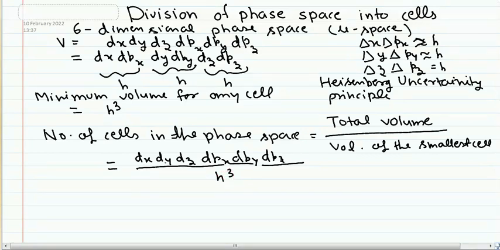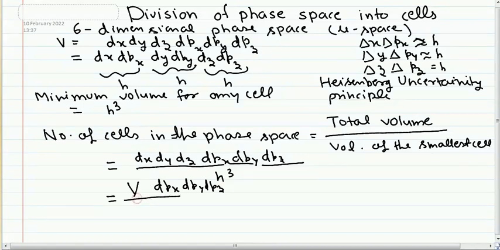Now this dx, dy, dz is the ordinary volume. When we say the volume, ordinary volume means length into breadth into height. So dx, dy, dz will give the ordinary volume, and then dpx, dpy and dpz, divided by h cube.